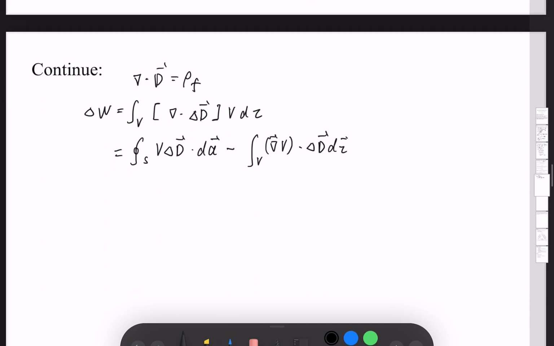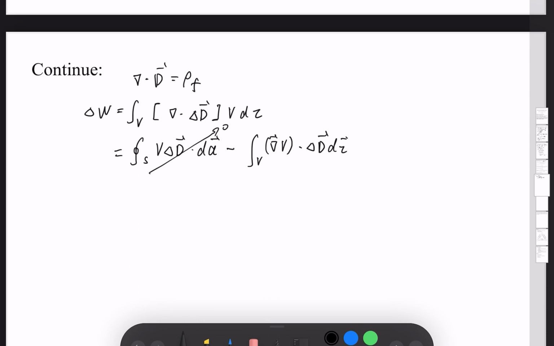Imagine that we are doing the calculation over all space, so the surface is at infinity, and at that place V has to be 0. So as always, the first term goes to 0 and vanishes.